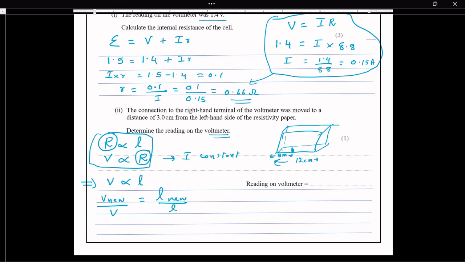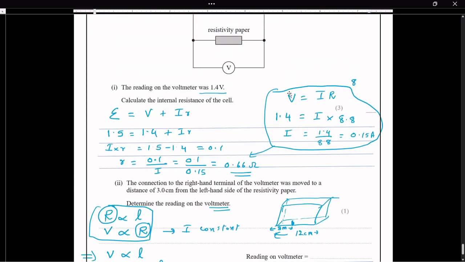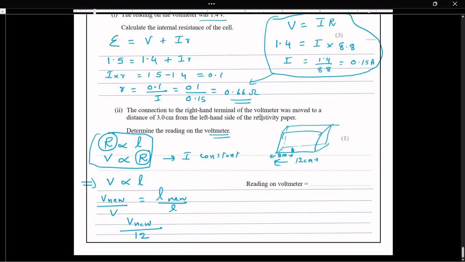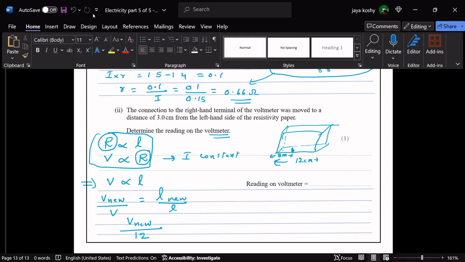The new voltage we want to calculate. So V new over the original voltage. What was the EMF given? It was 1.5. It's not 1.2. No, the original voltage, the voltmeter reading, was 1.4. It is not 12.